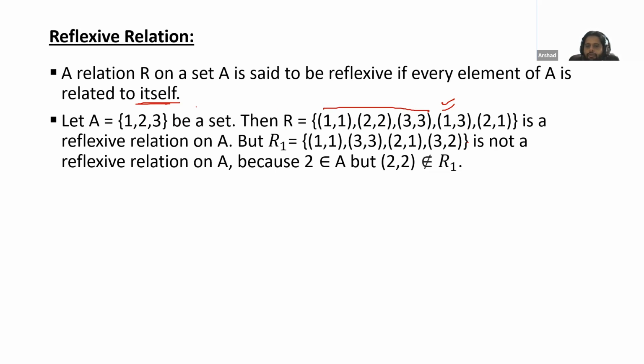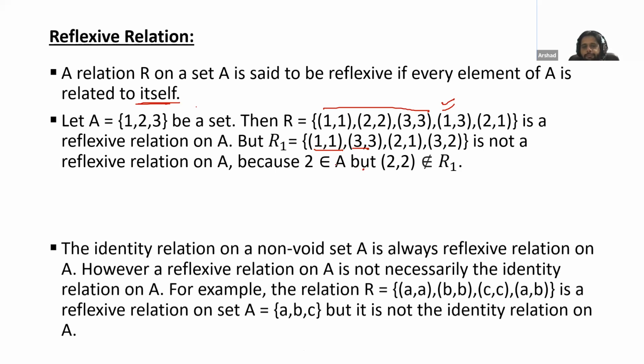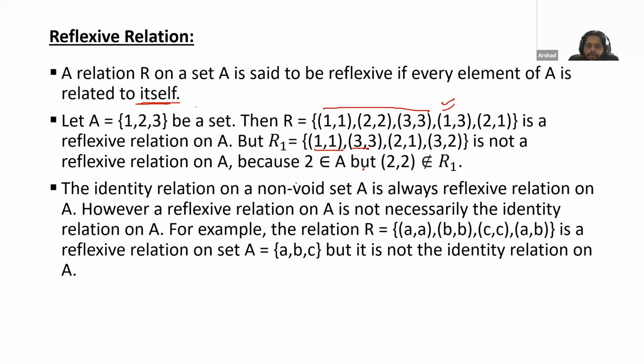Now, if we check the second example, this R1 is not reflexive because we have (1,1), we have (3,3), but we do not have (2,2). That's why this is not reflexive. Now this is clear for the difference between the identity and the reflexive relation.